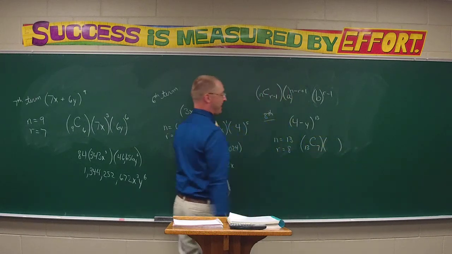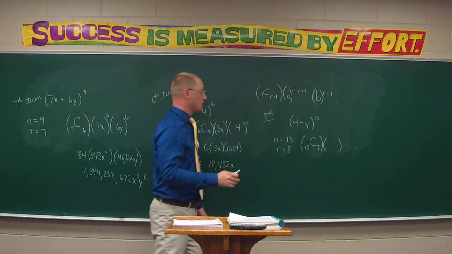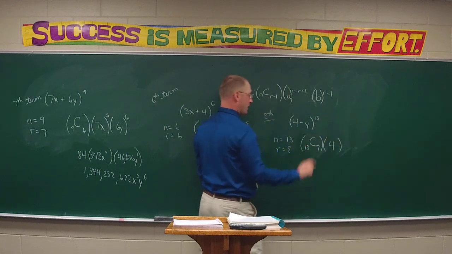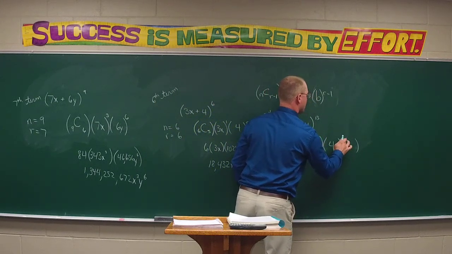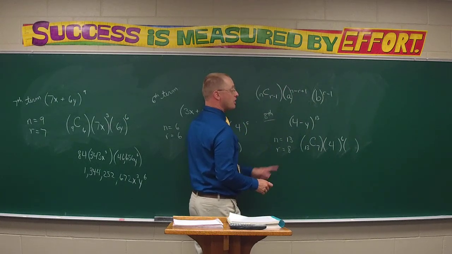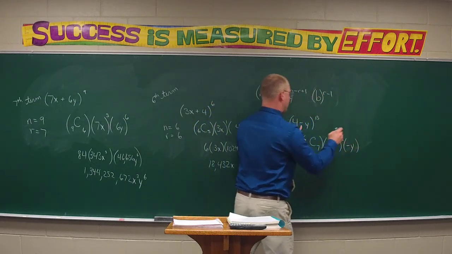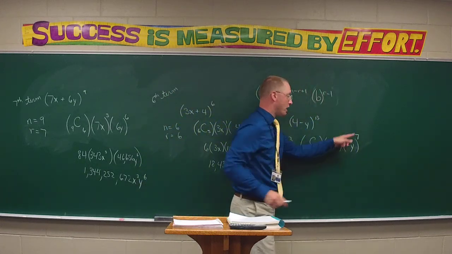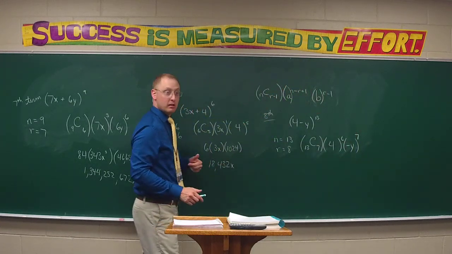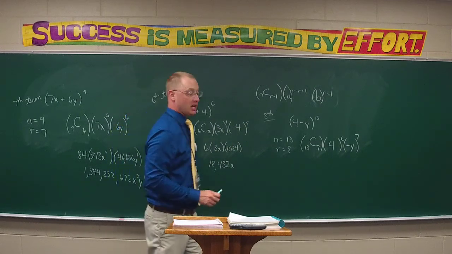We're going to start with our a term, Brandon, which is 4. We're going to raise it to the 6th power. Then we're going to take our b, Abby, which is negative y. Here we've got to pay attention to that negative, and we're going to raise it to the 7th power. Negative to an odd power class. Negative. I know my answer is going to come out negative.